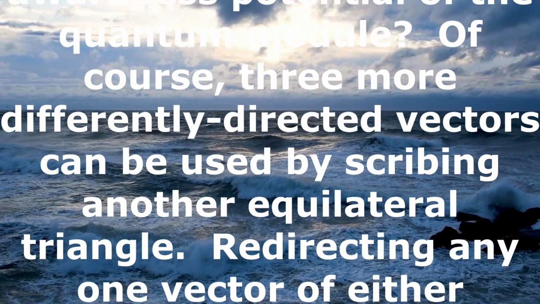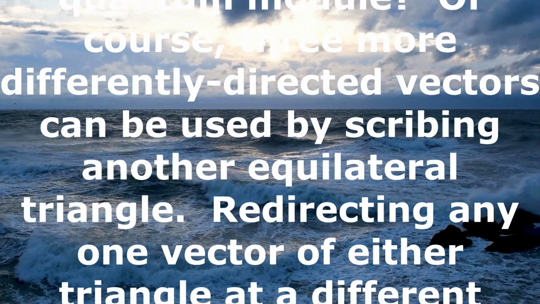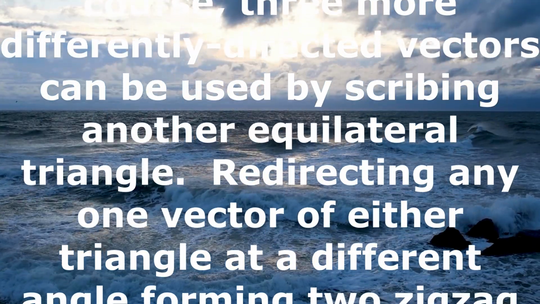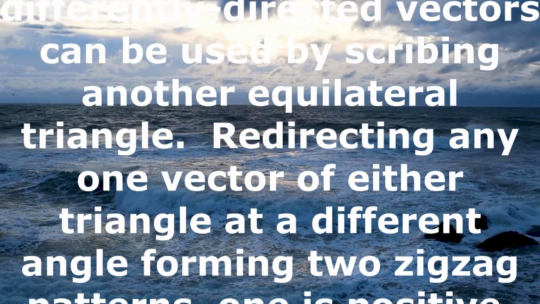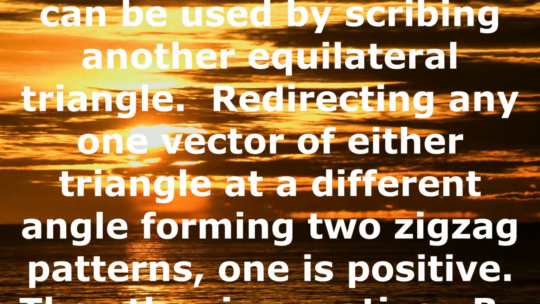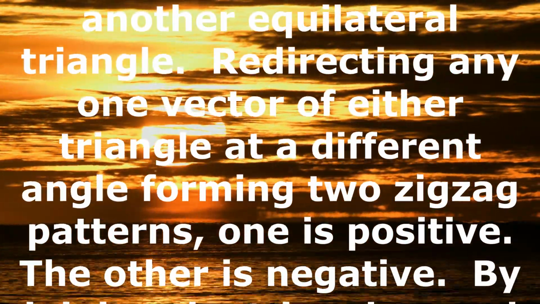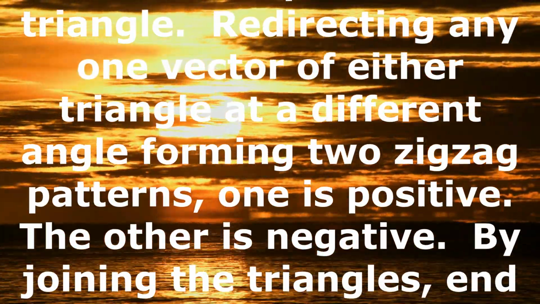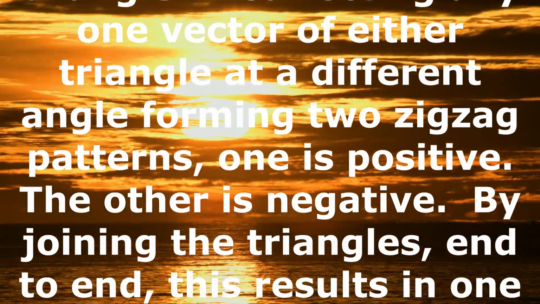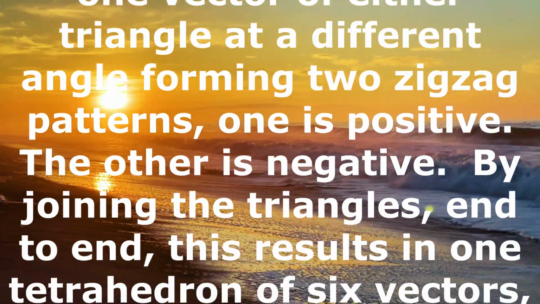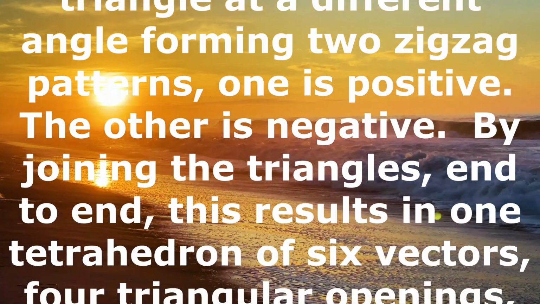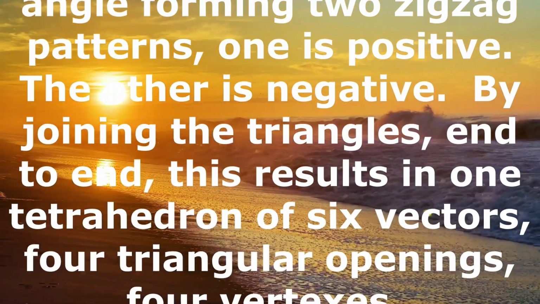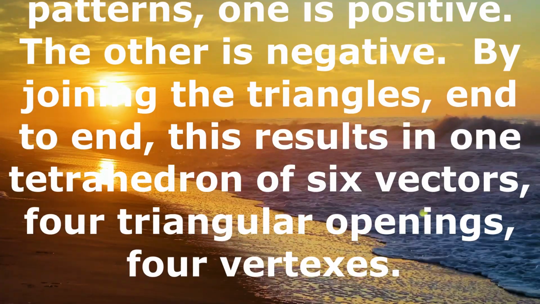Of course, 3 more differently directed vectors can be used by scribing another equilateral triangle, redirecting any one vector of either triangle at a different angle, forming 2 zigzag patterns. One is positive, the other is negative.